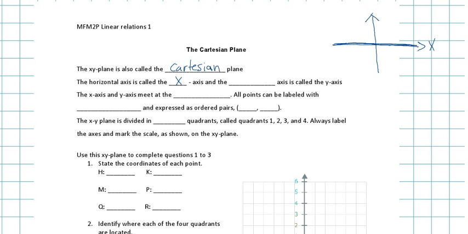This axis right here, what do you call this? The y-axis. So this is the horizontal, then this would be the vertical. So horizontal is x, vertical is y.